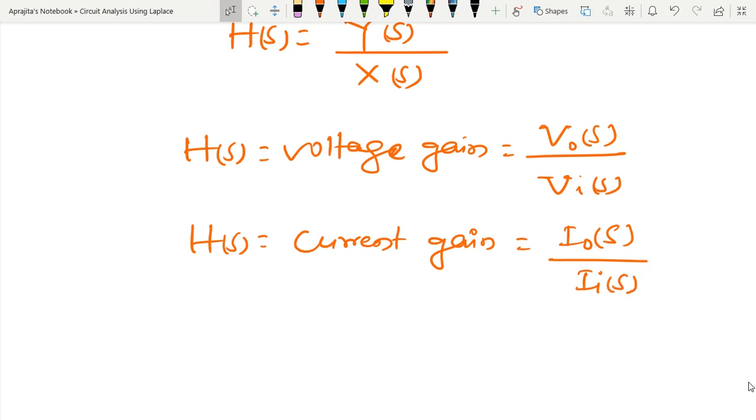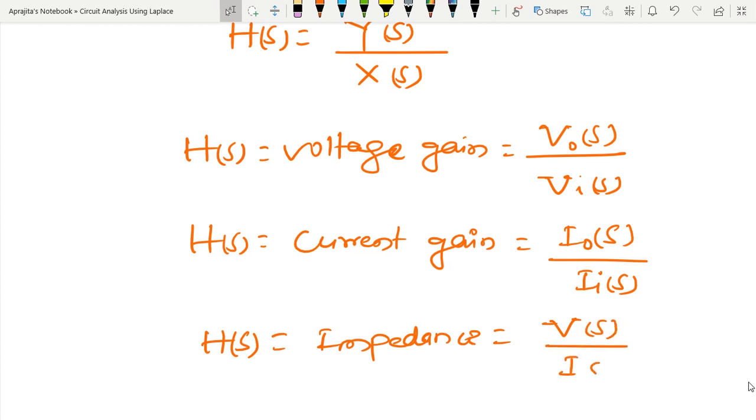After that I can also interpret H(s) as an impedance, because initial condition is 0. Whatever definition I made for phasors, the same kind of definition is applicable here. That is V(s) by I(s).